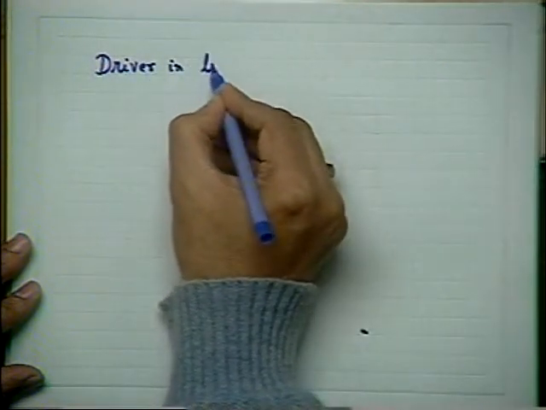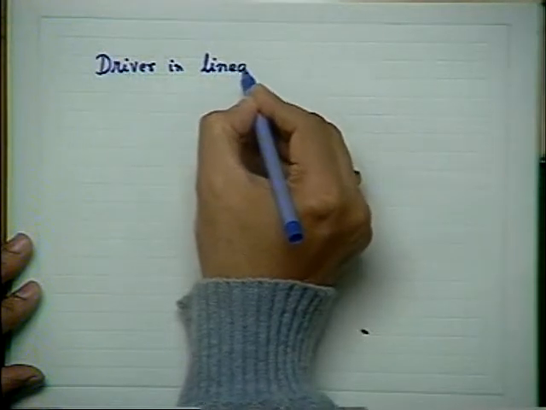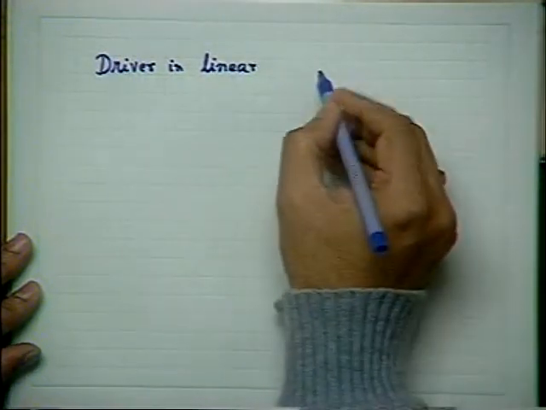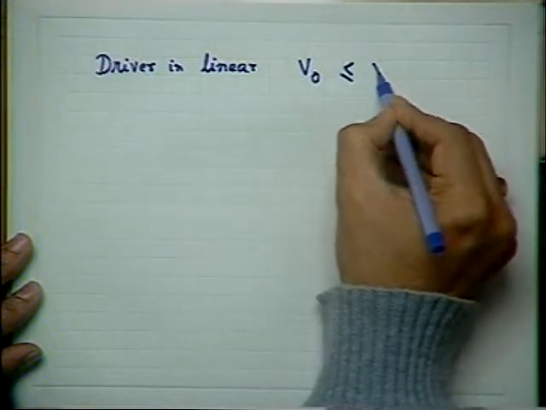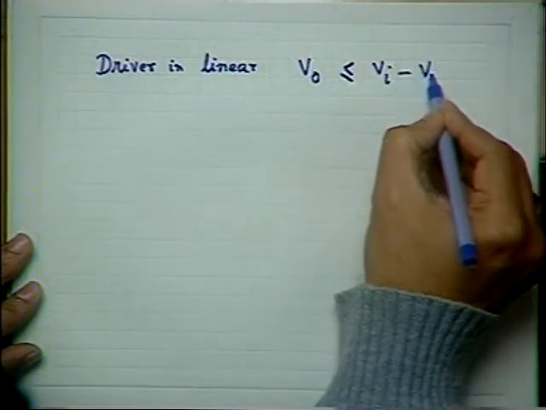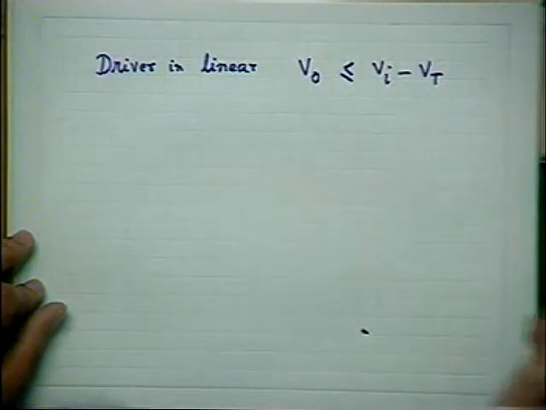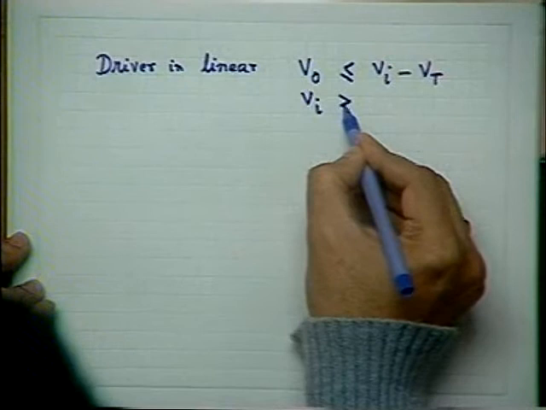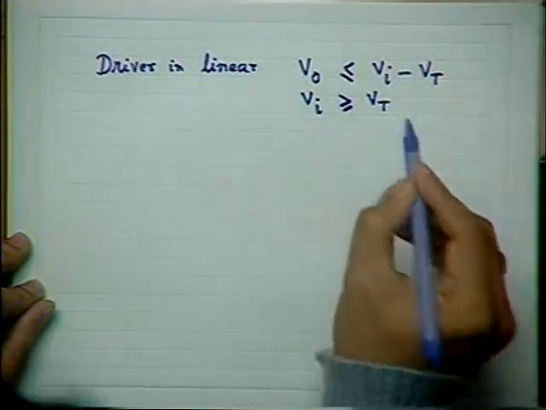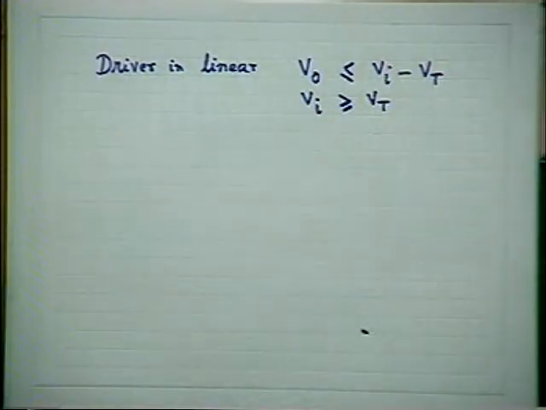Therefore, if the driver is in the linear or non-saturation region, this is quantified by the fact that VO must be less than or equal to VI minus VT. And of course, I always have to ensure that VI should be greater than or equal to VT. This condition is common for both. Input gate voltage should be above threshold voltage, otherwise the transistor will not be on. We have to keep the transistor on.